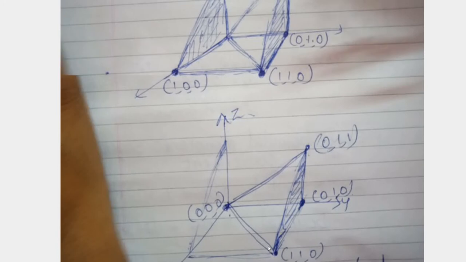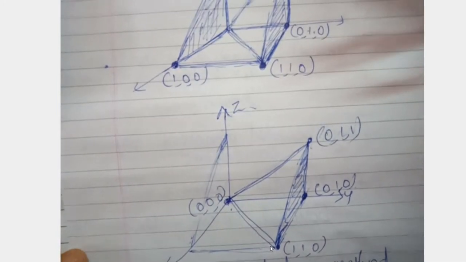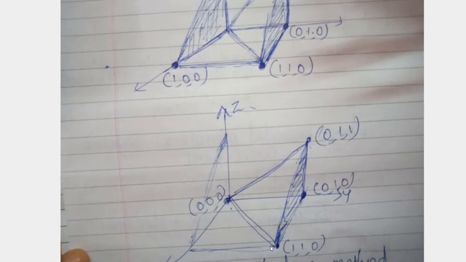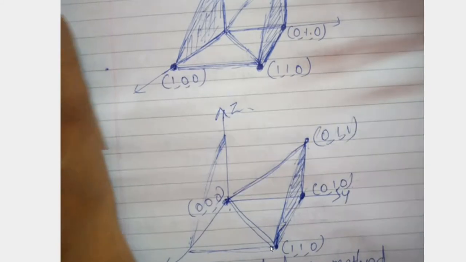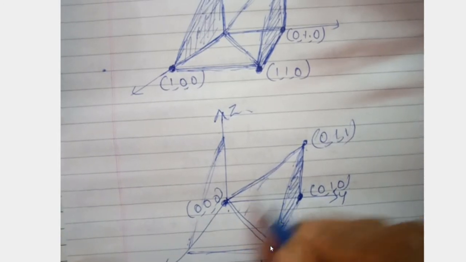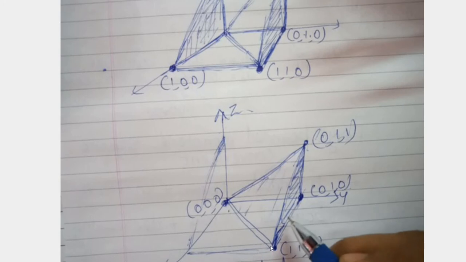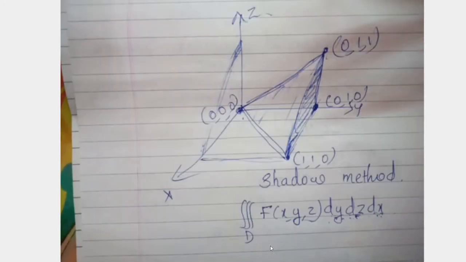So how do we evaluate the limits of integration? First of all, we have to find the limits of y. Y depends on z and x. In order to find these planes, we have to do one problem.